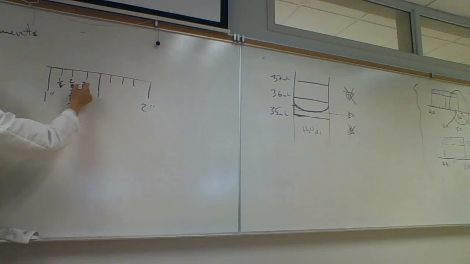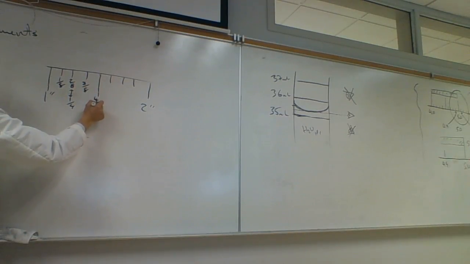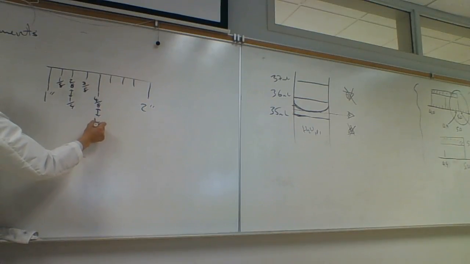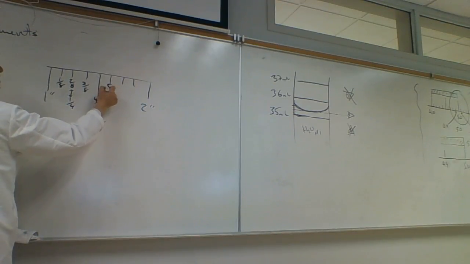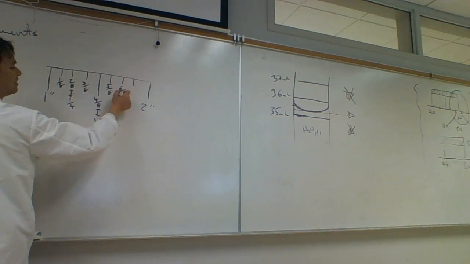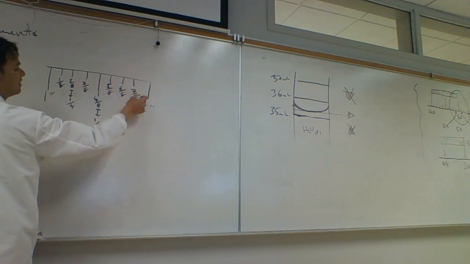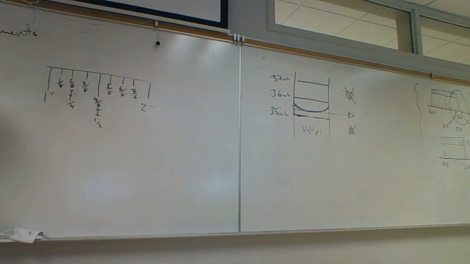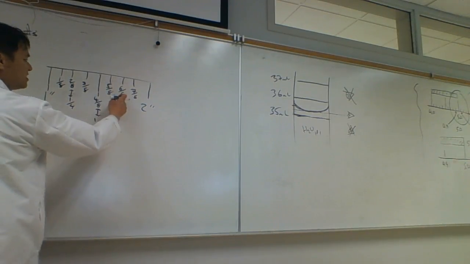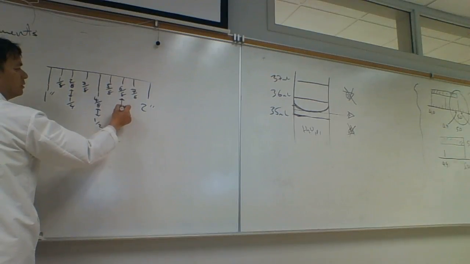This would be 3/8. This would be 4/8. 4/8 would be the same thing as 1/2. 5/8, 6/8, 7/8, and 8/8 there, as far as the graduations go. And so 1 1/8, 1 1/4, 1 3/8, 1 1/2, etc. 6/8 is also known as 3/4.